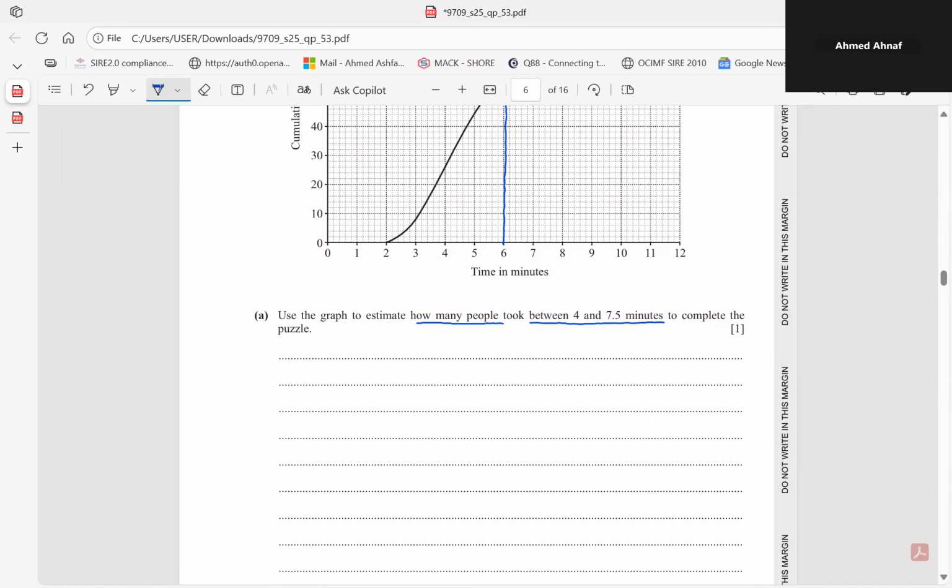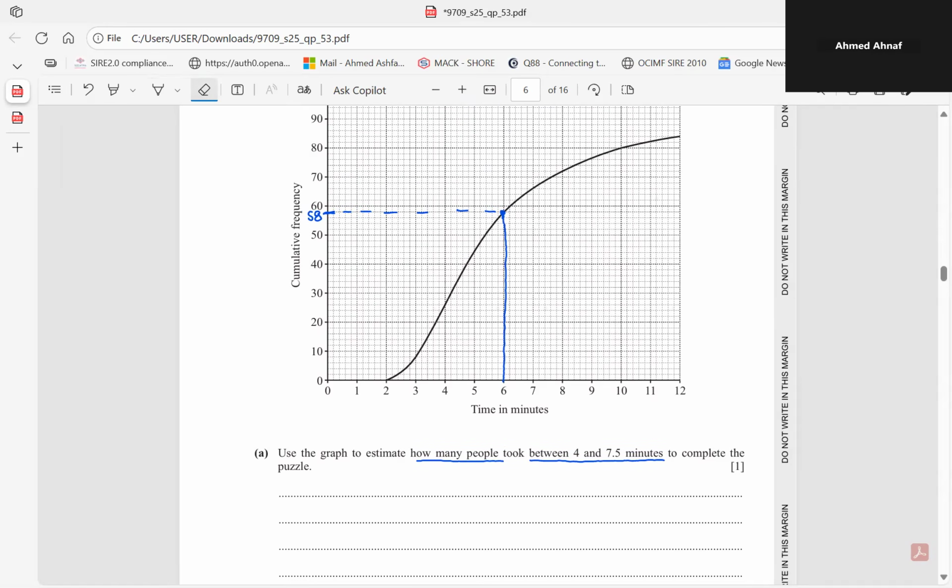So to find the number of people who took between 4 and 7.5 minutes, we have to find the people who did it within 7.5 minutes first. So let's look for 7.5 on our x-axis. So this has to be 7.2, 7.4, 7.6. So 7.5 is here, trace along the middle.